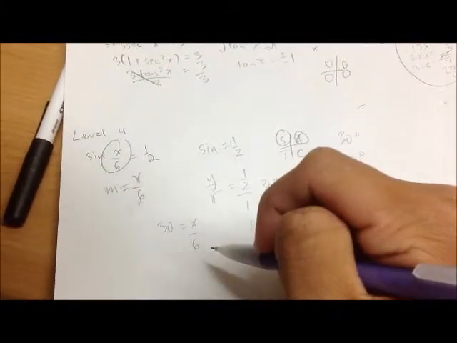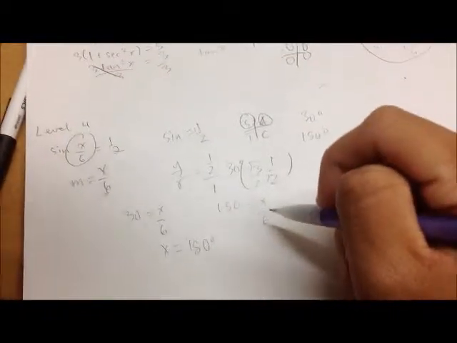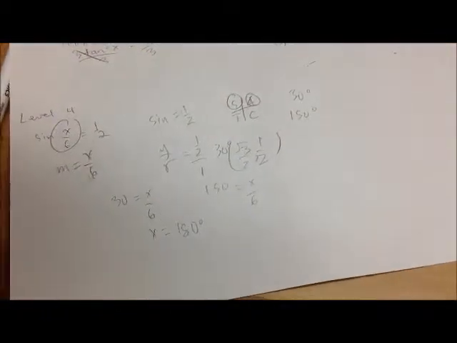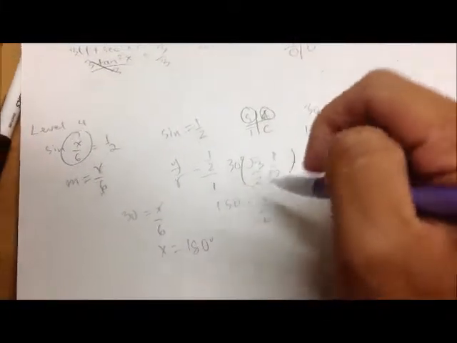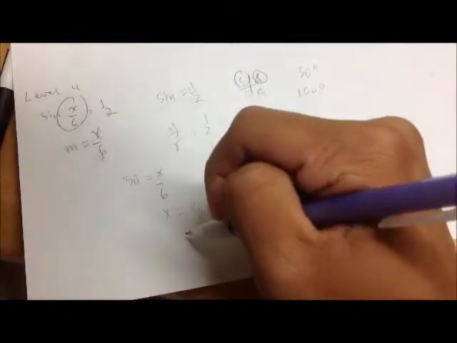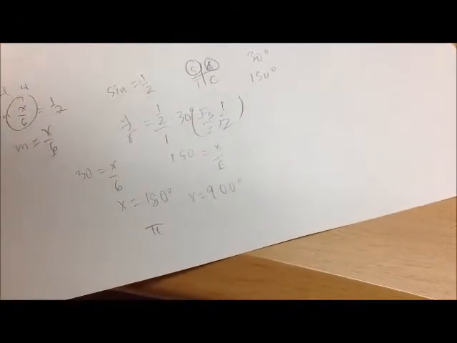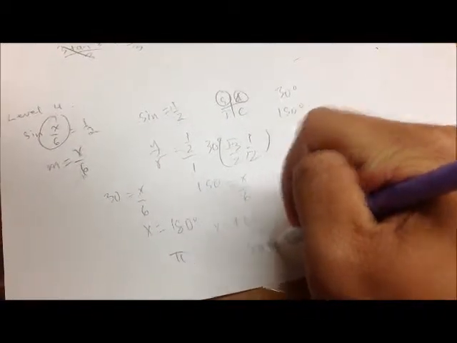So we multiply that, and right here x equals 180 degrees, and here x equals, well, we cross multiply basically, 900 degrees. And yeah, that's our answer. If we want it in radians, this is pi, and this is 5 pi.